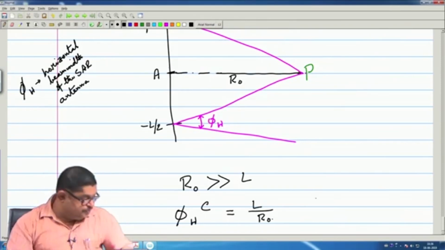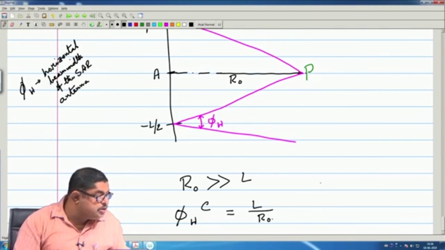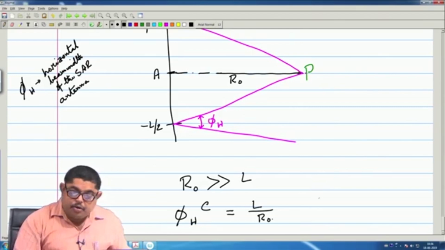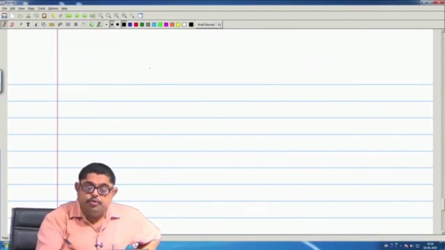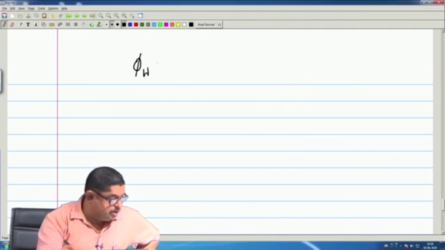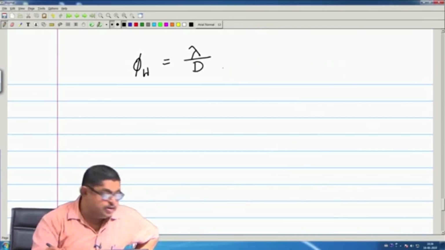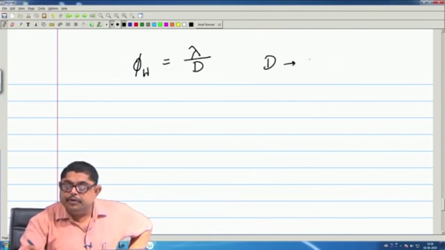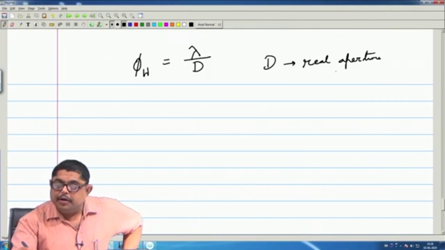If R naught is much greater than L, then this is L by R naught. Also we know for an antenna the beam width is given by lambda by d, where d is the real aperture length.